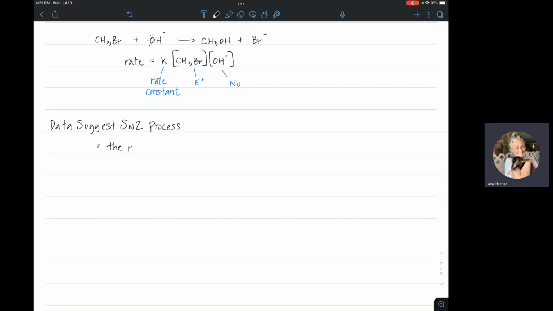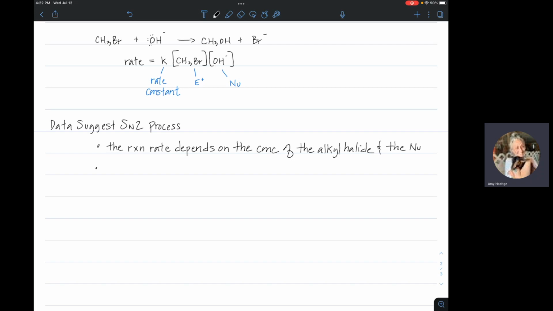By the rate law, the reaction rate, how fast it is, depends on the concentration of the alkyl halide and the nucleophile. So the electrophile and the nucleophile, right? The concentration of both of those is going to govern the rate of the reaction.